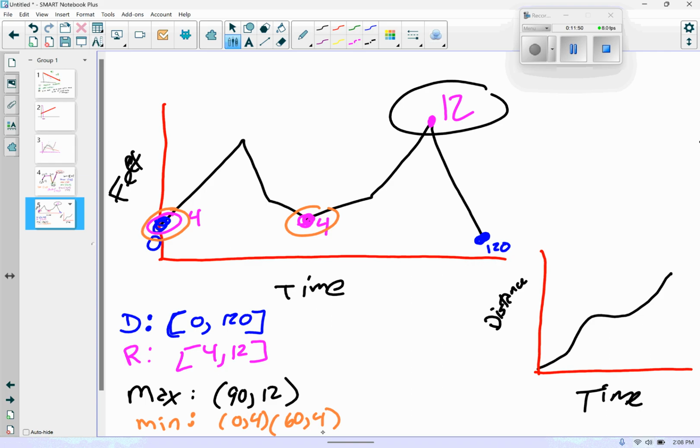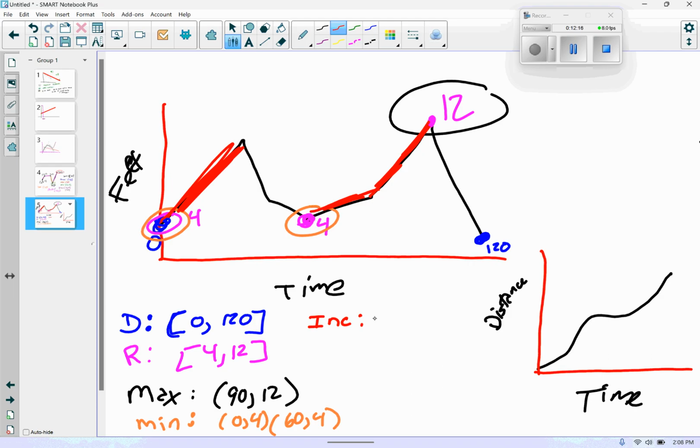Okay. Now let's try and figure out increasing. So it's increasing here. It's also increasing here. So that entire region. So it's increasing from 0 all the way to here, which is 10, 20, 30.